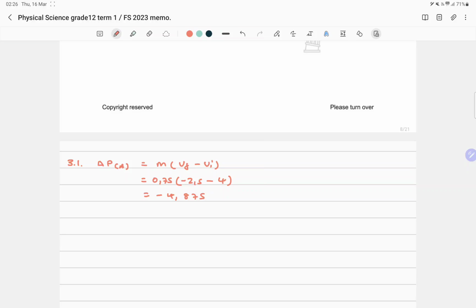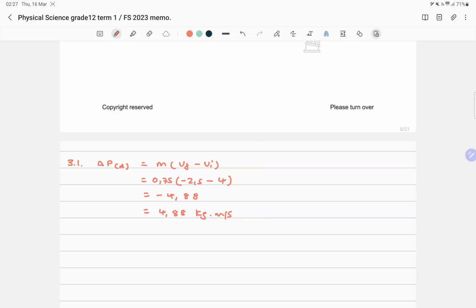So this is the final answer. We can do 2, we can do 3, we can do more, but no less than 2, essentially. So here, just to keep to the standards, this is going to be to 2 decimal places, which we can interpret as 4.88 kilogram times meter per second.